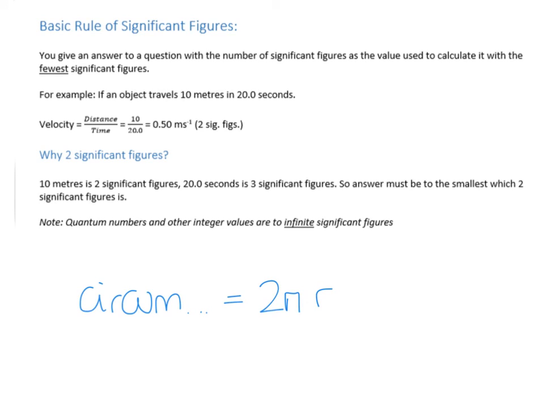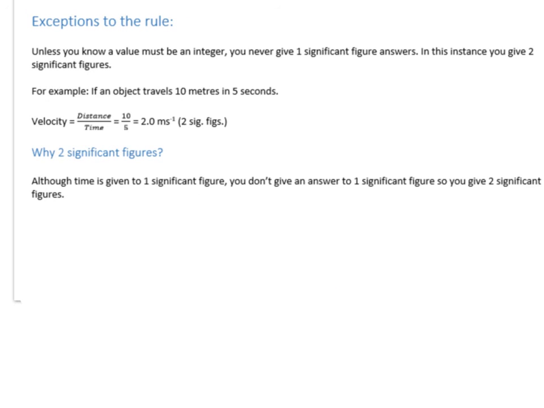Okay, so that's your basic rule. There are, however, as always, some exceptions. You never give an answer to one significant figure unless you know it's an integer number like 1 or 2. You just don't do it. If you're in a position where the rules tell you should give a one significant figure answer, give 2 significant figures.